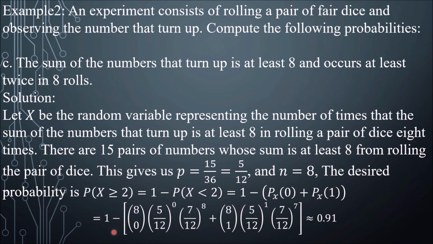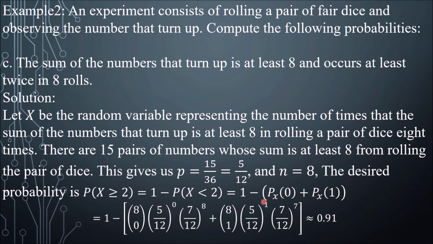So computing for that, we have 1 minus probability of 0, which is 8 taken 0, 5 over 12 raised to 0, and then 7 over 12, because that's 1 minus 5 over 12, raised to 8. That's 8 minus 0. Plus 8 taken 1 times 5 over 12 raised to 1 times 7 over 12 raised to 7, because it's 8 minus 1, 7.